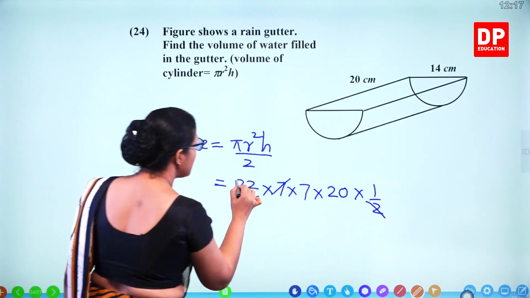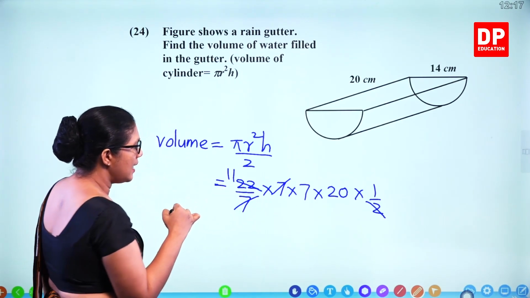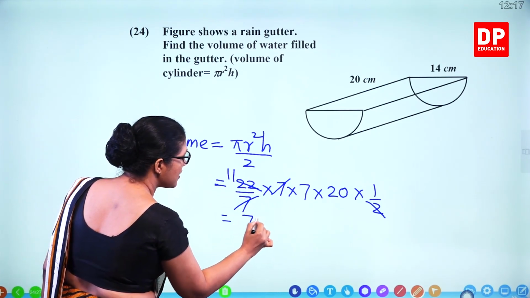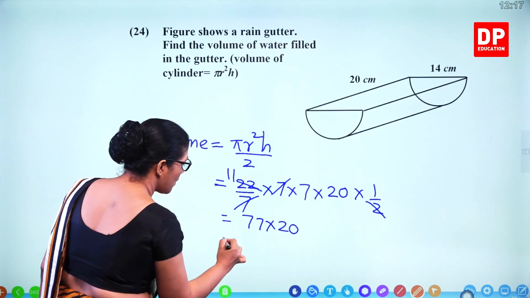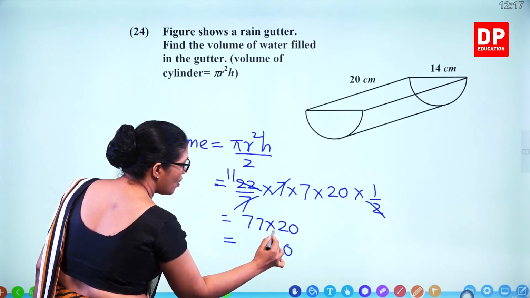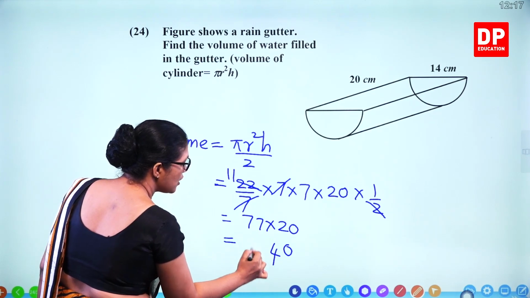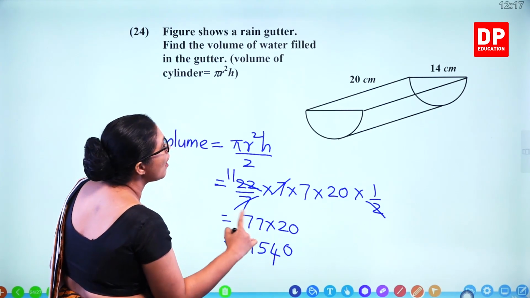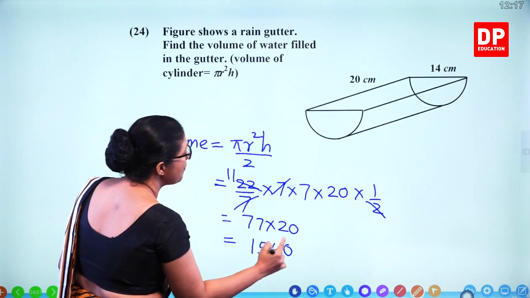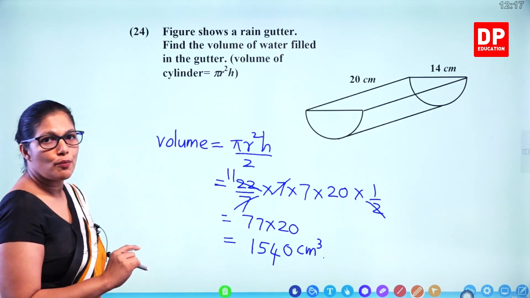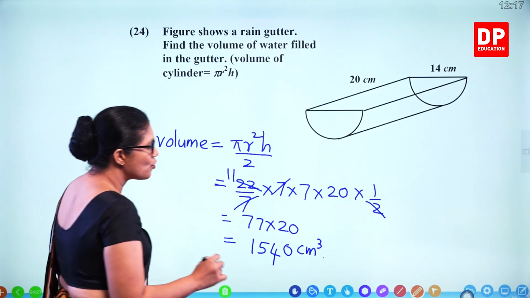This 2 and this 22, you get 11. 11 times 7, 77, times 20, you get 1540 cubic centimeters is the volume of water. So 2 marks for that.